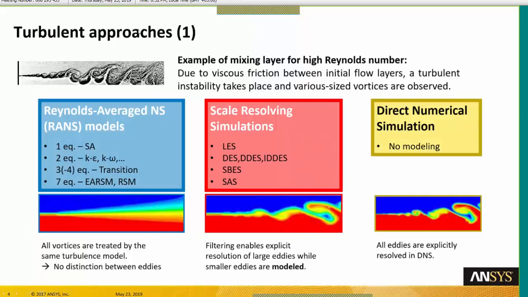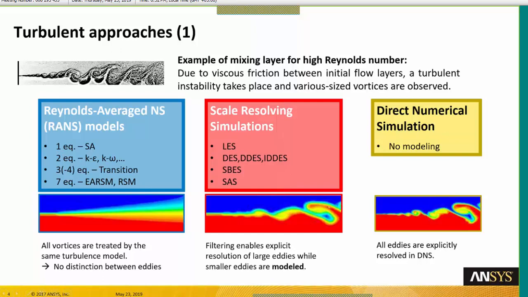So I think you're certainly familiar with these turbulent approaches that can be used when you do some CFD calculation. Most of you would certainly know the Reynolds averaged Navier-Stokes models, which model everything.